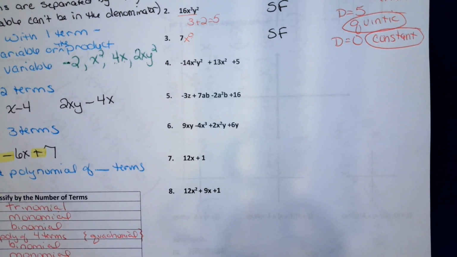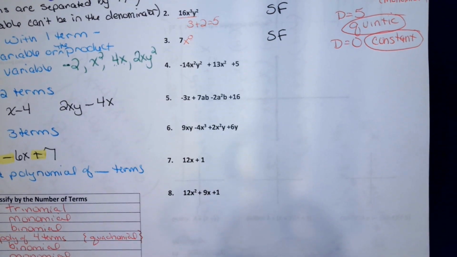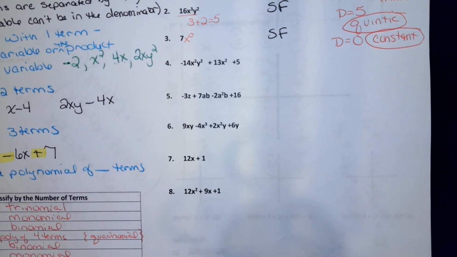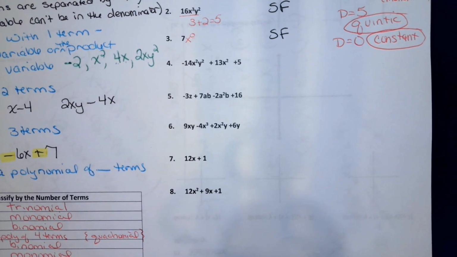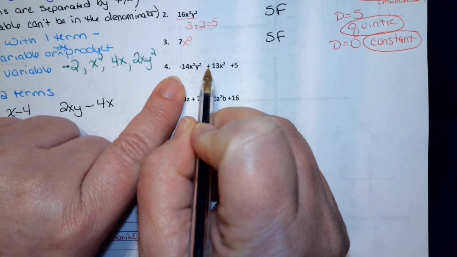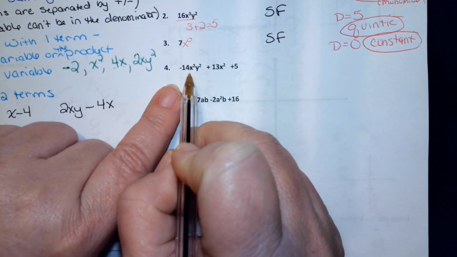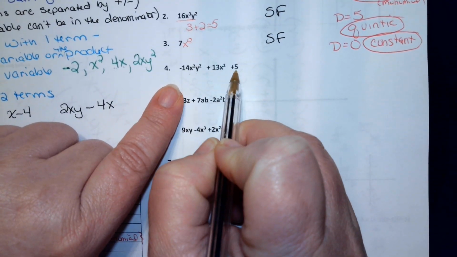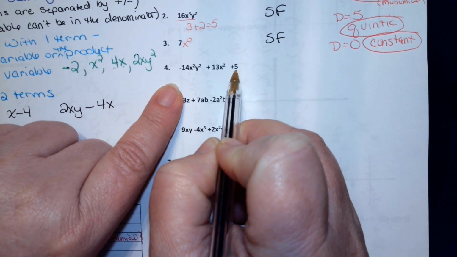All right, so then for the next several problems, you notice we go from monomials to, let's say, 3 terms, 4 terms, 5 terms, etc. So let's see how we're going to work these out. For this one right here, when you have more than one term, you're going to look at each individual degree and then choose the largest one.